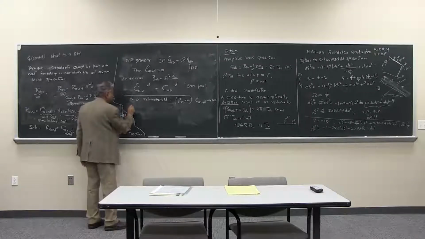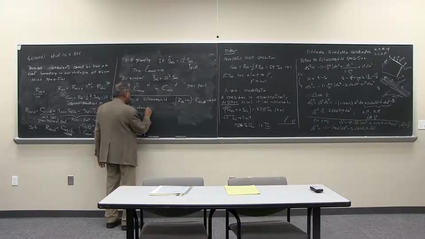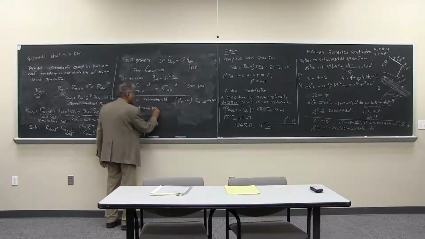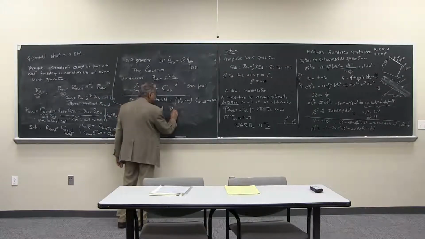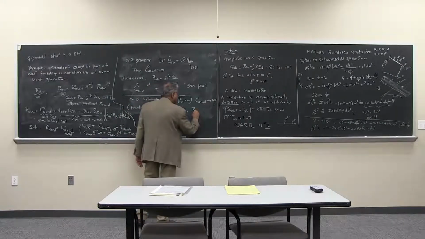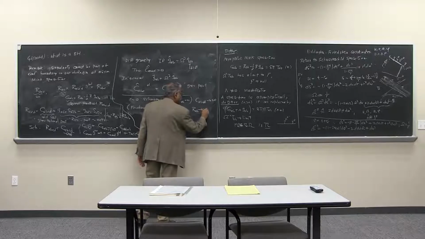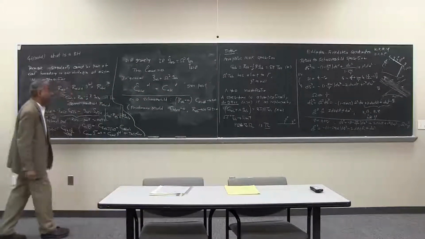In the Friedman model, this is just an aside, those of you already know about the Friedman model. In the cosmological case, the Ricci tensor of course is not 0, but the Weyl tensor is 0. And the Ricci tensor blows up at the Big Bang at t equal to 0.